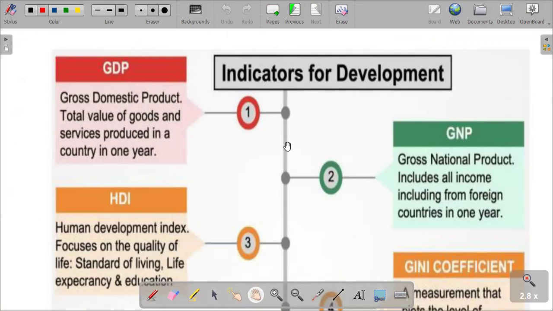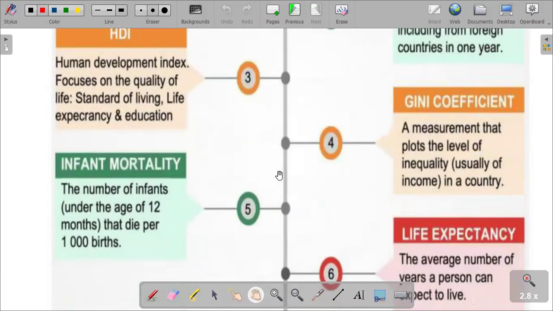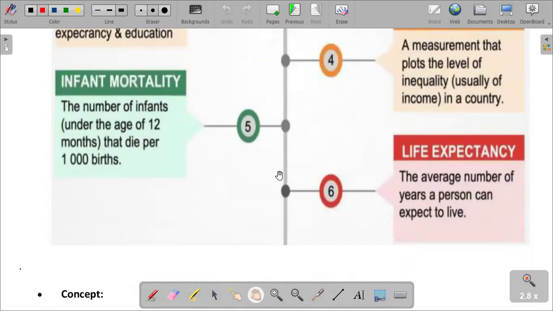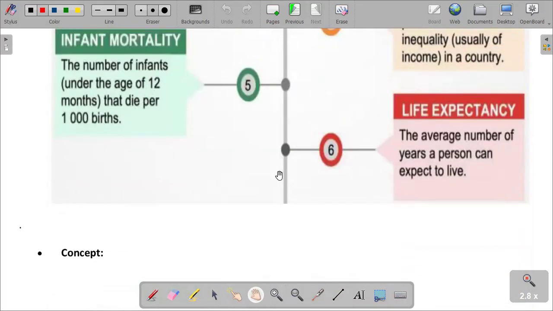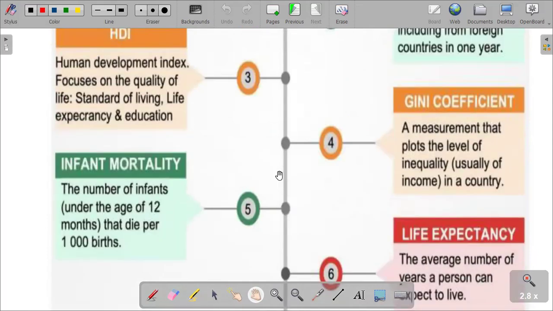What is gross domestic product? How does it relate and show as an economic indicator? The human development index, gross national product, the Gini coefficient, infant mortality rate, life expectancy. These are key economic indicators that we are going to talk about in this presentation today.